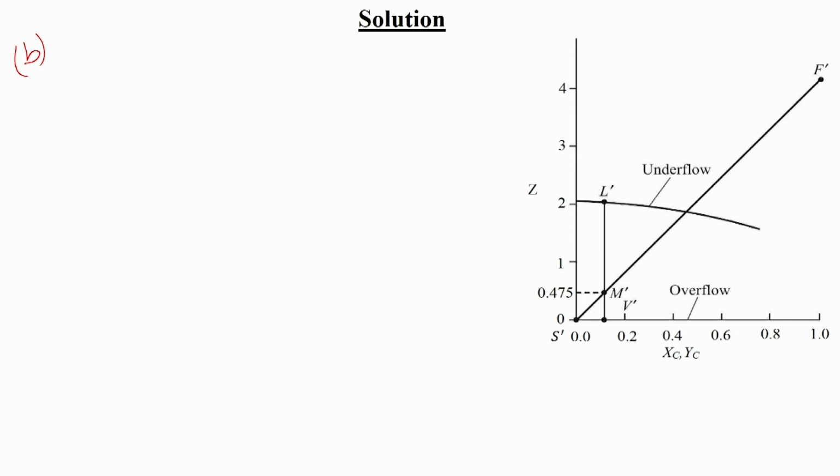There we convert the overflow and underflow in terms of capital X_C, capital Y_C, and Z values, so we get Z_L and Z_V. We put these in, and then we get the underflow and overflow lines.